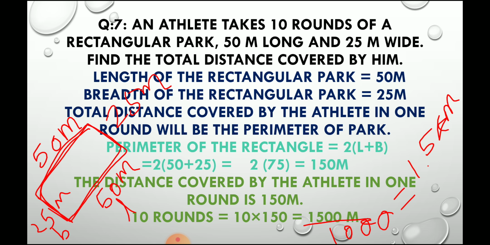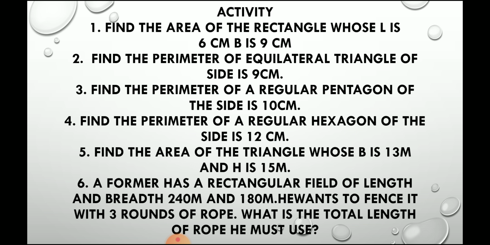So see, these questions are a reverse activity. First one is find the area of the rectangle whose L is 6 centimeter and B is 9 centimeter. Second one is find the perimeter of an equilateral triangle whose side is 9 centimeter.